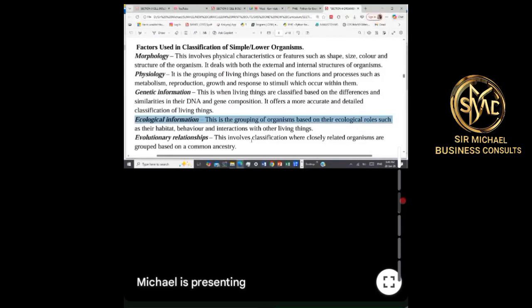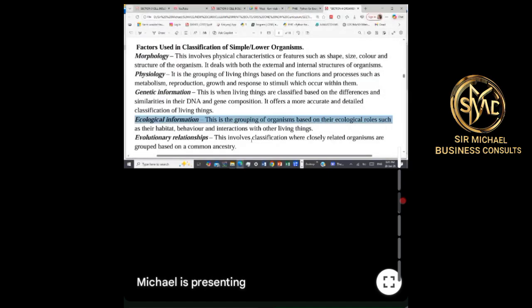And their interactions. And it may be adaptation to the environment. When you have thick fur, you know you survive here, and when you have scales, you know you have to be in the water.